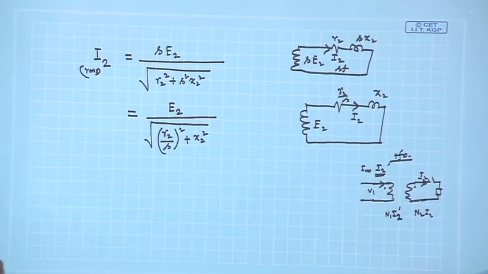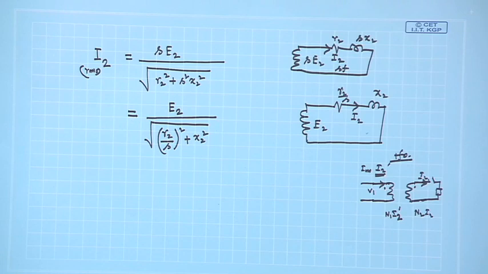Look at the dot convention, their MMFs will always cancel out. Therefore, flux in the core will remain only due to N1 into Im, the magnetizing current. That is what it will do.